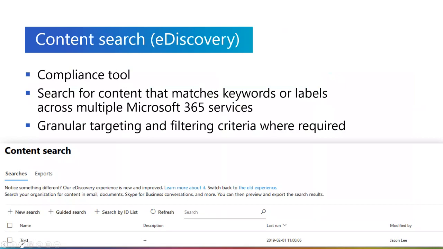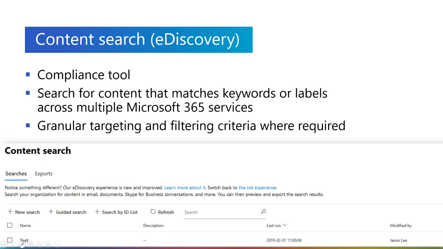Beyond that, you've got some very powerful tools when you do need to find specific content relating to a particular topic or individual. This is typically when you've got a legal investigation going on. I think that's probably one example of legitimate use. This is the content search e-discovery tool in Microsoft 365. This is a way of searching across all of your Microsoft 365 services.